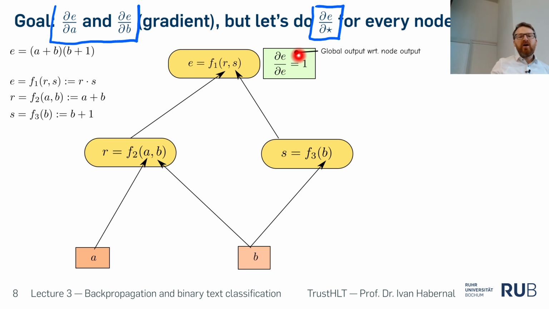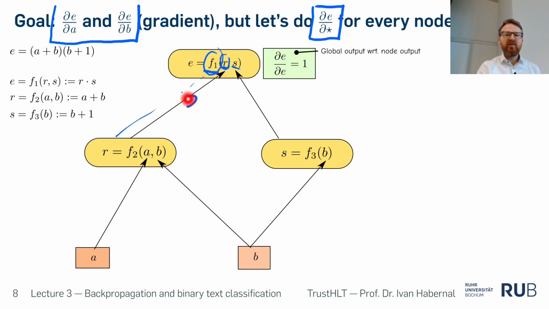Good. So now, this function has to be differentiable. So f1 has to be differentiable with respect to its parameters. So now we have to ask, what is the partial derivative of this function with respect to both arguments, R and S?